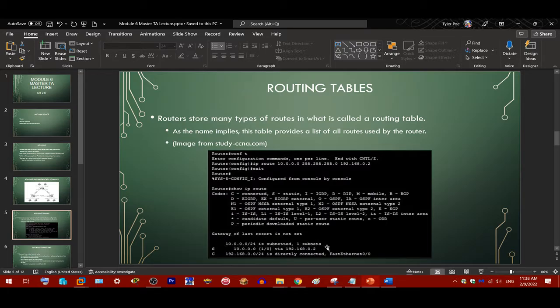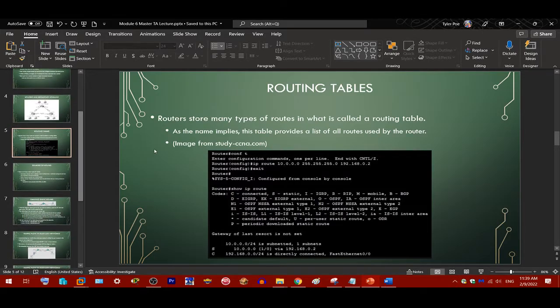And then you see the listed routes. So this is a static route right here with the S. And then this is a connected route. We'll discuss these types in a moment, but notice how the routing table basically compiles all the routes that a router uses to determine where to send traffic. And you can access the routing table by typing show IP route.